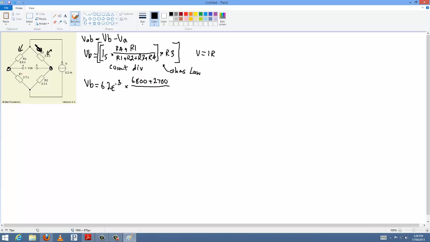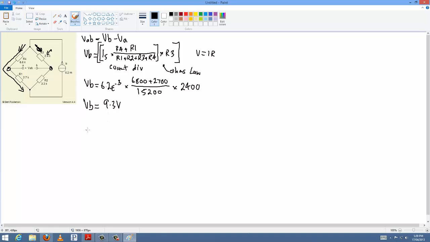That'll be everything on this branch divided by all the resistors added up, the equivalent: 6800 plus 2400 plus 3800 plus 2700 equals 15200, and then multiplying that again by 2400, and that gives us VB equals 9.3 volts. Nice and simple.